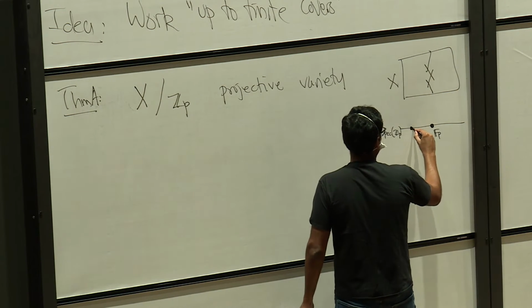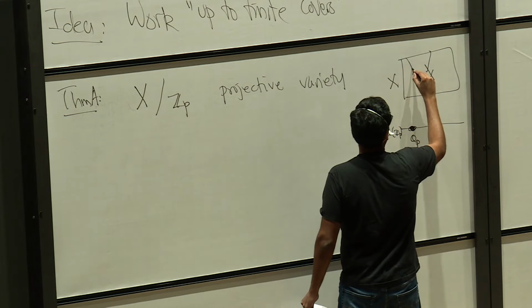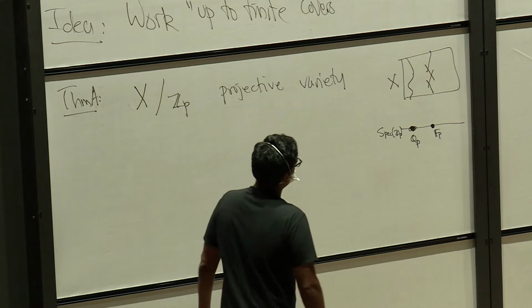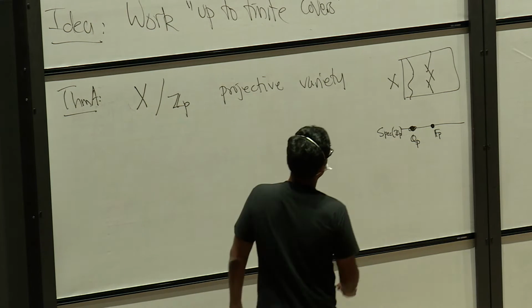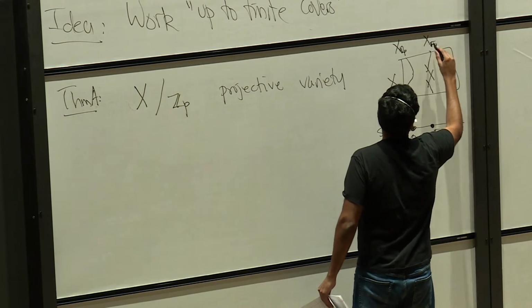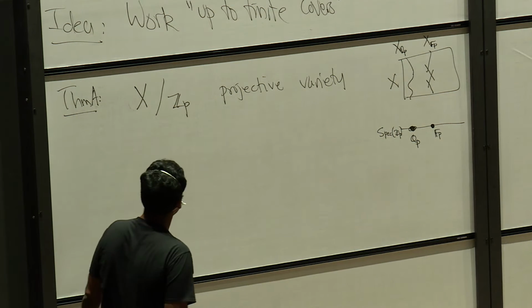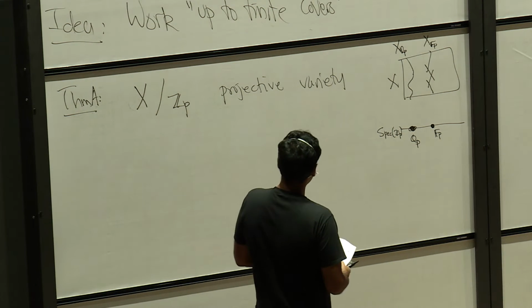And you have the point corresponding to Q_p, and you have some variety, which may be slightly nicer than what you have over F_p. So these are the two varieties you have in the picture. They're related to each other through this gadget called X, which is living over the p-adic integers, Z_p.